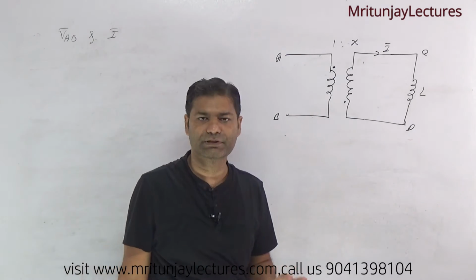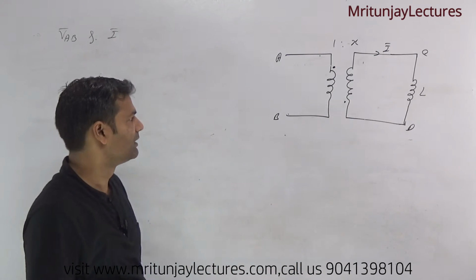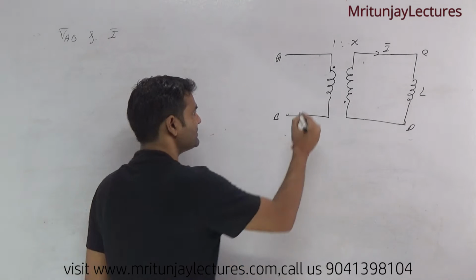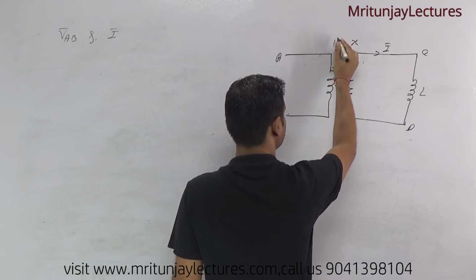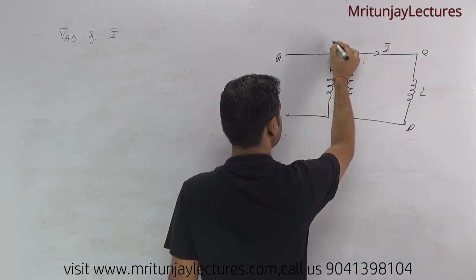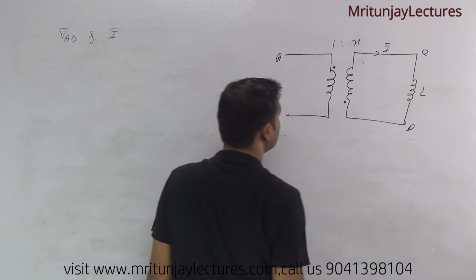First of all, go to the basic fundamentals. I know that this is the dot. We have assumed the turn ratio is 1:n.